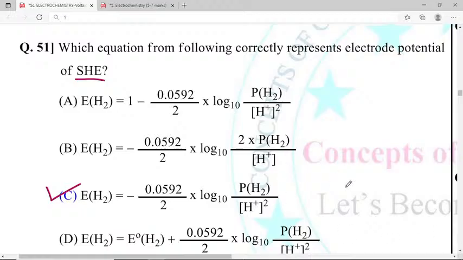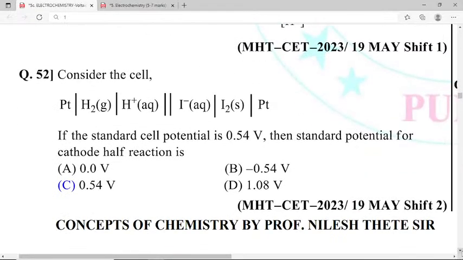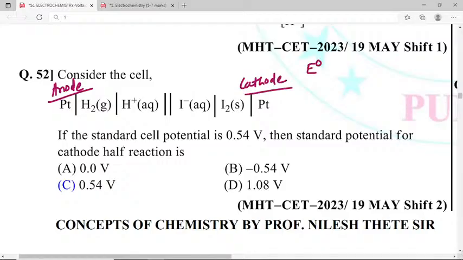Okay, concept based question. Question number 51. Consider the cell: hydrogen, platinum, then H plus, I minus, I2, platinum. If the standard cell potential is 0.54, then the standard potential for the cathode half reaction is? So this is the anode and this is the cathode. E naught cell is equal to E naught cathode minus E naught anode.